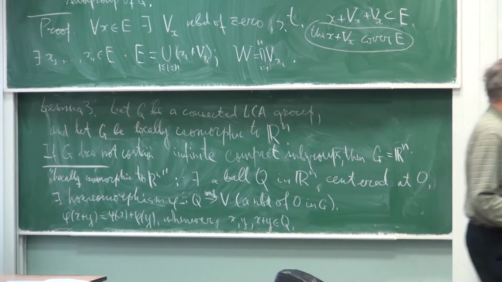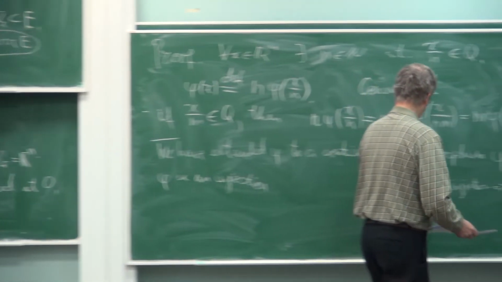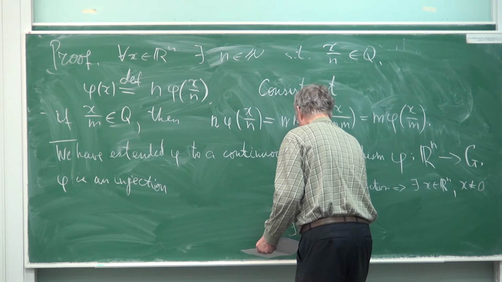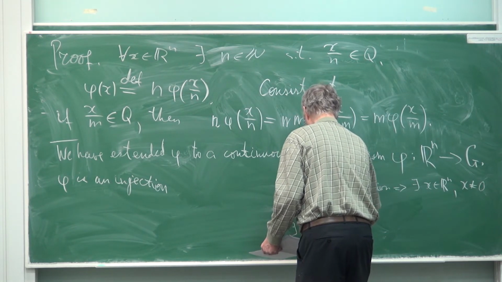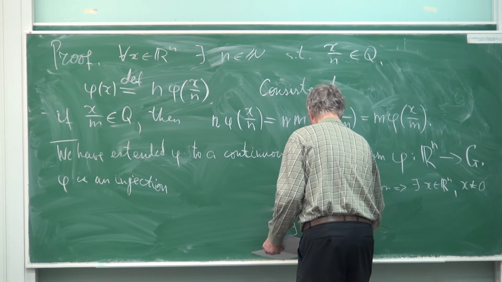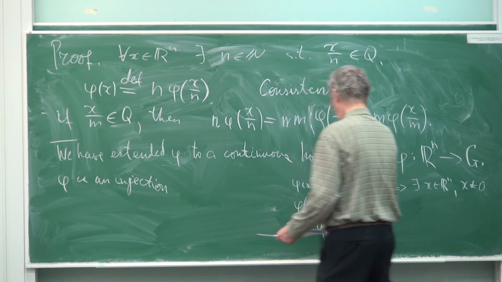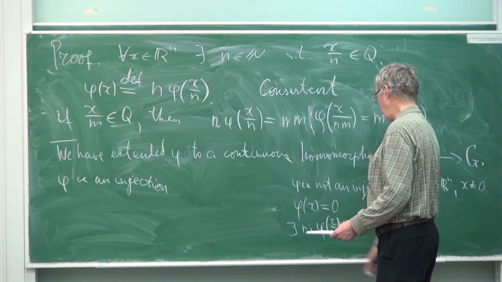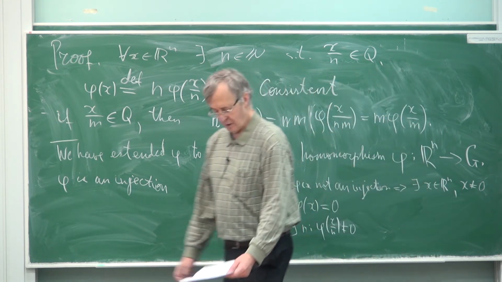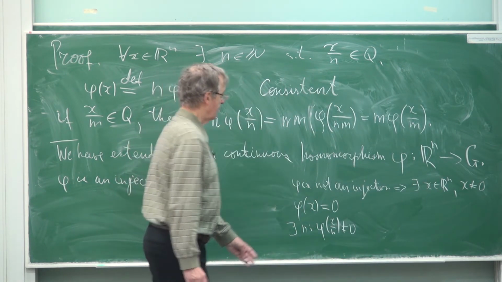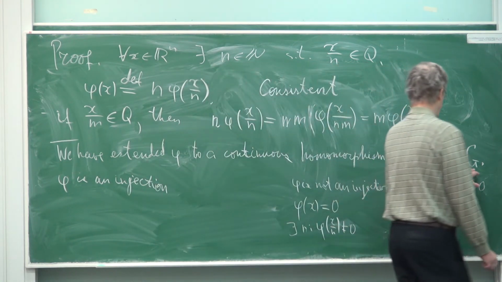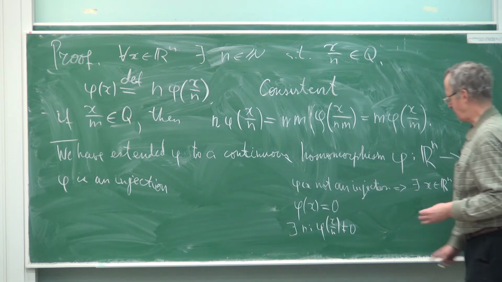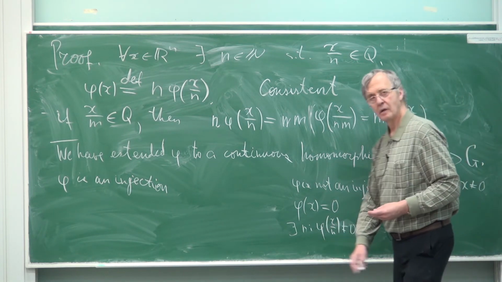Then it follows that there is n so that phi of x over n is not equal to 0, but some multiple of this element is equal to 0, and this means that G contains a compact subgroup. Simply, the subgroup generated by this element will be compact.